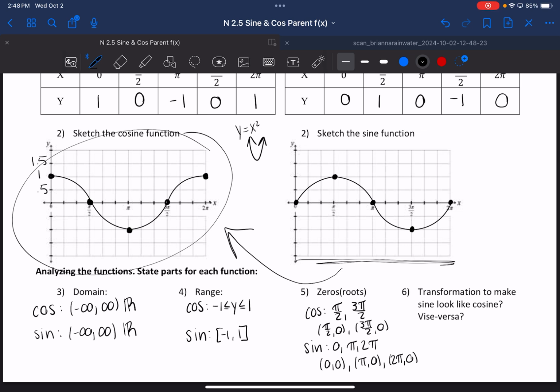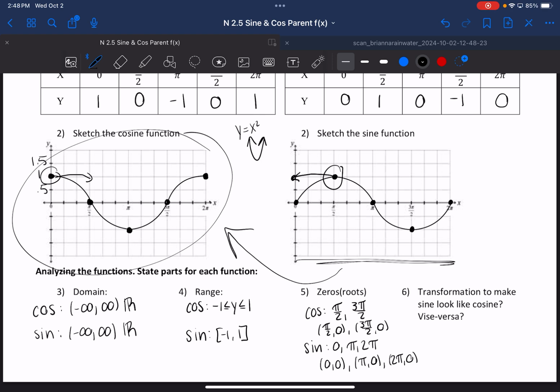Okay, if I were to simply take this point, pi halves, and move it to right here at 0, the whole graph would be in the exact same spot, right? I would just be taking that section and scooting it over. Or maybe I take this one and move this point over here to pi halves. So it just depends on which graph you're looking at.